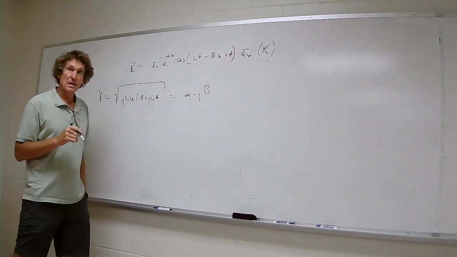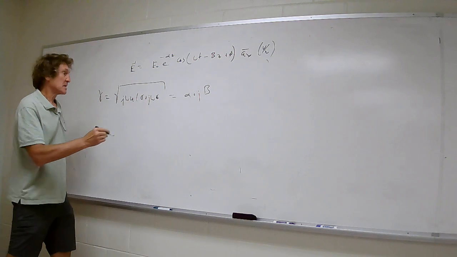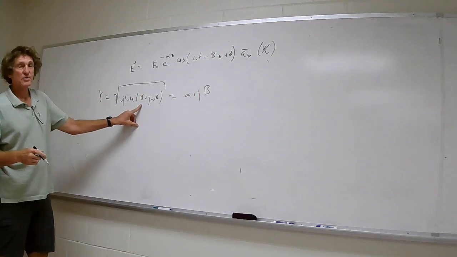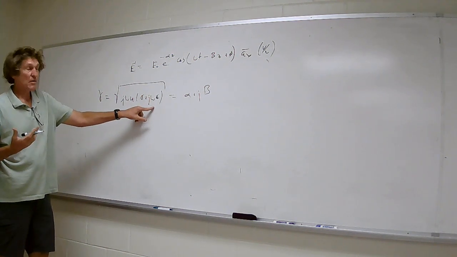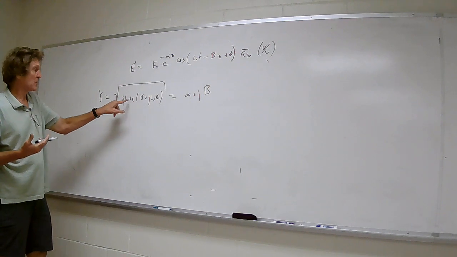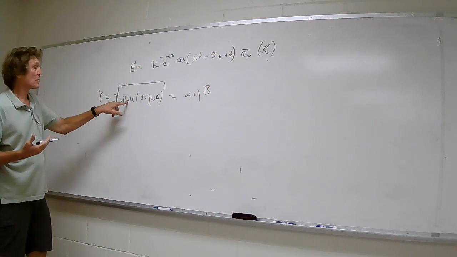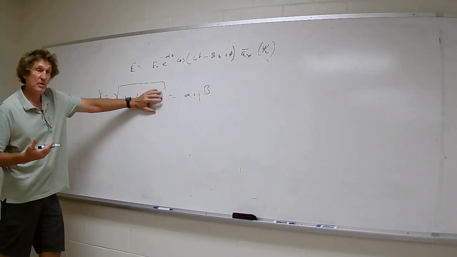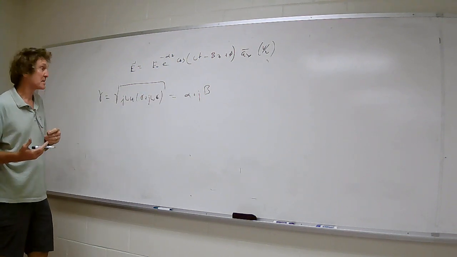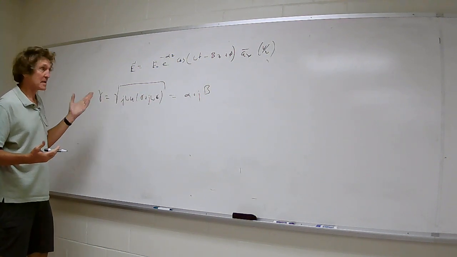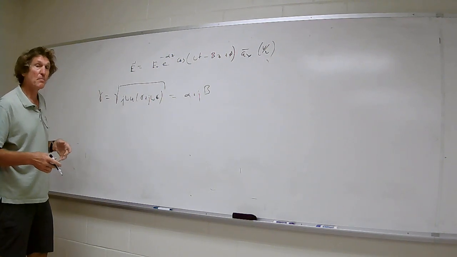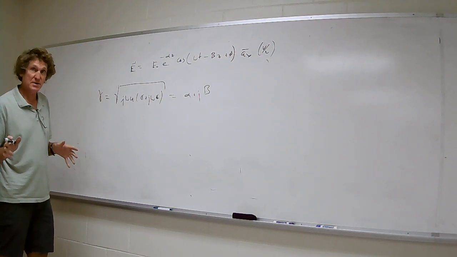Now, if you look at this, what if sigma is much, much greater than omega epsilon? Then all of a sudden this, sigma mu times omega, would dominate, and then this term we could ignore, right? That's a good conductor. And then we'd find out that this has a real and imaginary part that are both the same magnitude. I'll show you this in a second.